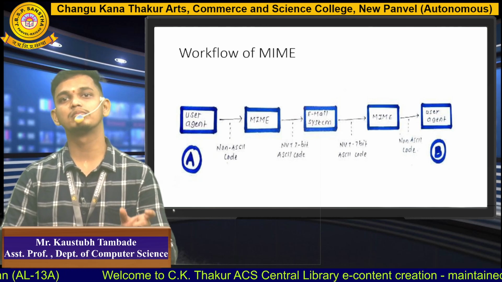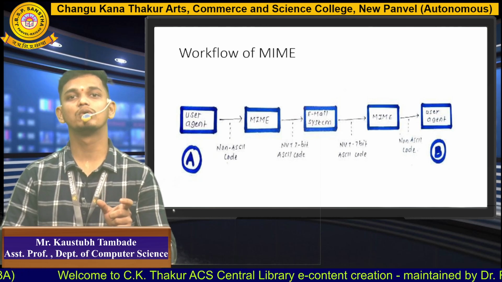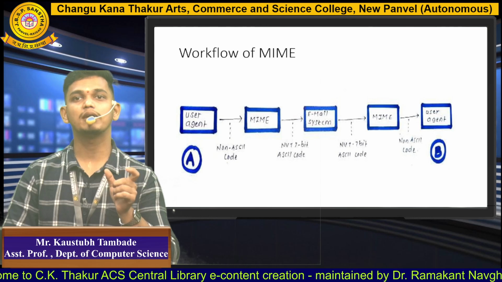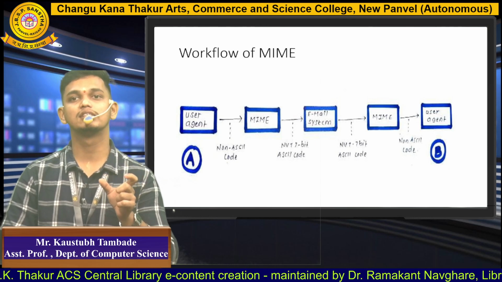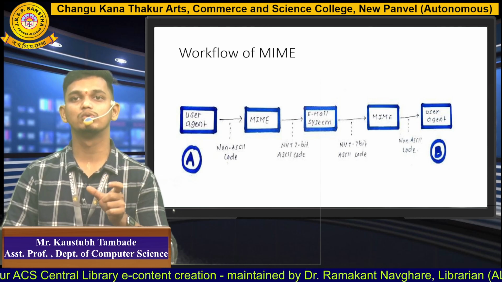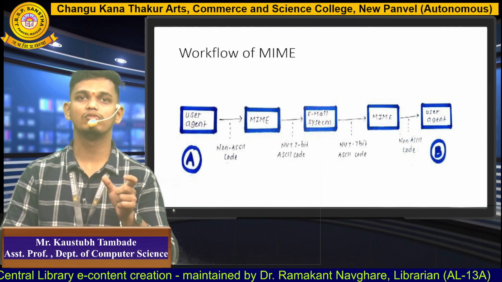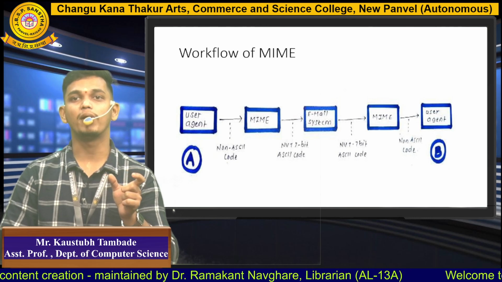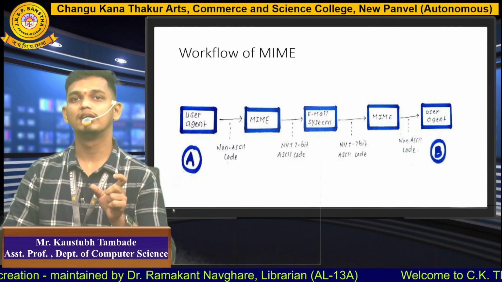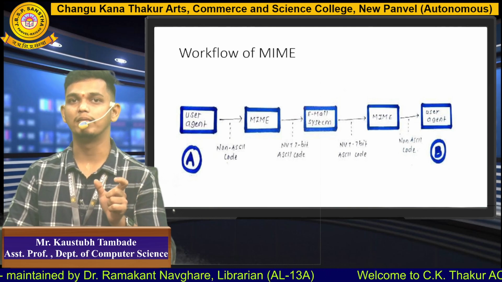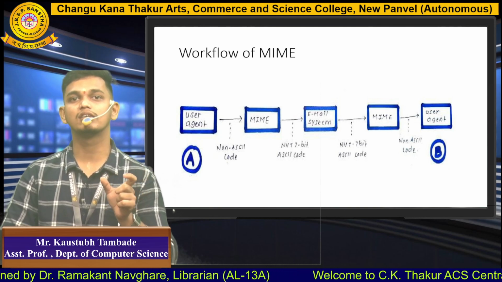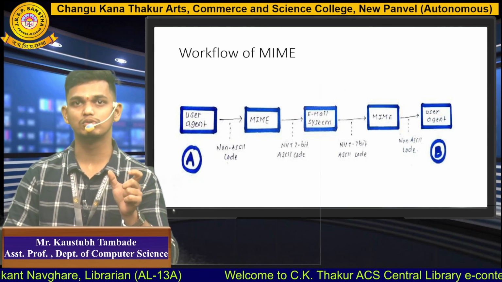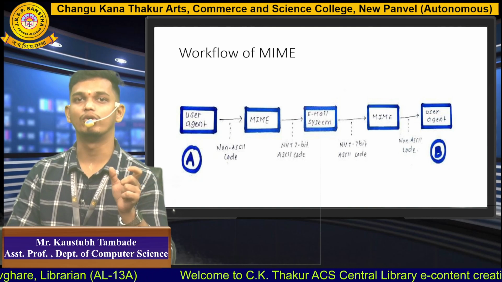The email system sends that ASCII code to the MIME on the receiver side, and that MIME converts it back into non-ASCII code and sends it to the user agent. So this is simply the workflow of MIME, how non-ASCII code can be passed through an email system by using MIME. In SMTP alone we can't share audio, video, or photos, but using MIME we can share audio, video, and images.